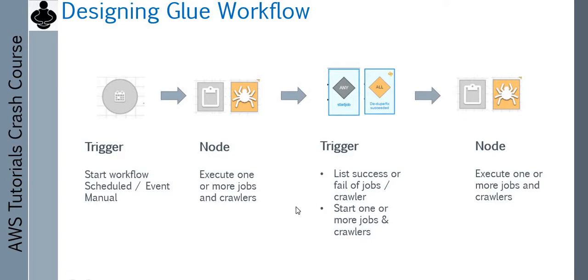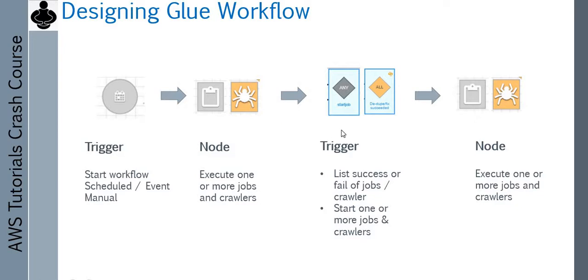But in the middle of the workflow, trigger has only one choice, that is the event, because this trigger wants to kickstart the next step only when your glue job or crawler has finished the execution. So keep this in mind: when you're kickstarting a workflow with the trigger, you have multiple choices like schedule, event, or manual. But when you're using a trigger in between, the trigger depends on the event.